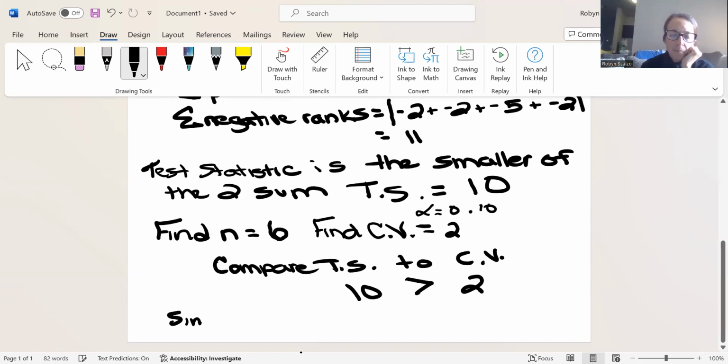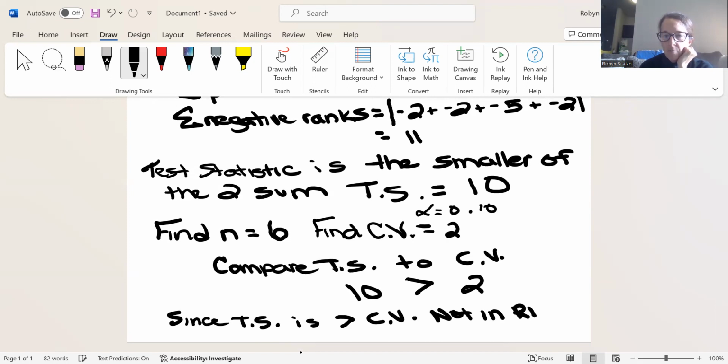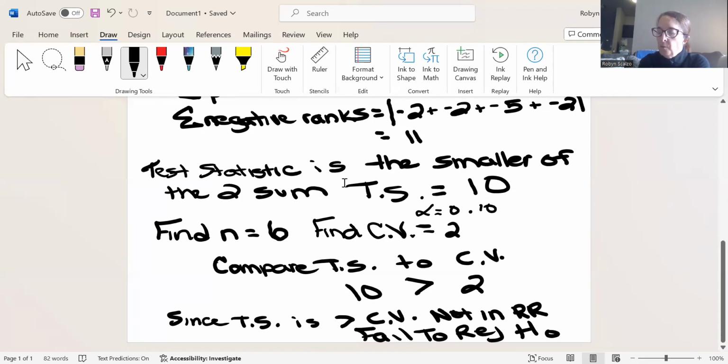Since the test statistic is greater than the critical value, it is not in the rejection region, so I fail to reject the null hypothesis. If you go back and look at the null and alternate hypotheses, that means we are indeed supporting the claim made by the researcher. I hope this helps with the Wilcoxon signed rank matched pairs test.